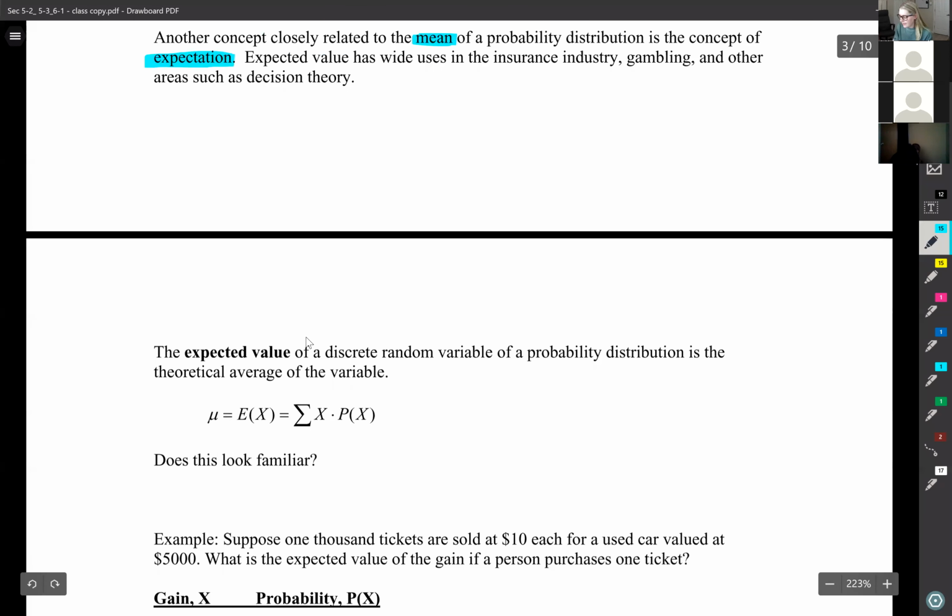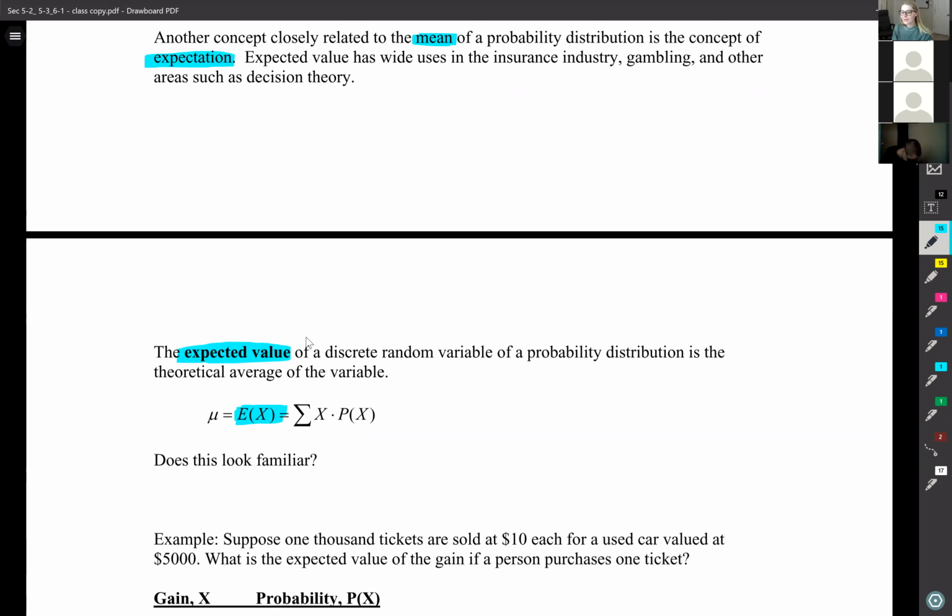So let's actually define it. The expected value of a discrete random variable of a probability distribution is the theoretical average of the variable. The way we denote expected value is E of x. So the expected value of x is denoted as E of x. So look at this below it.